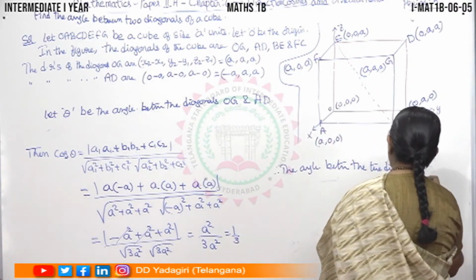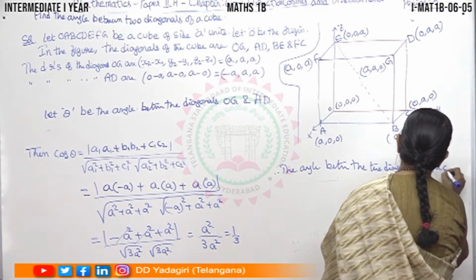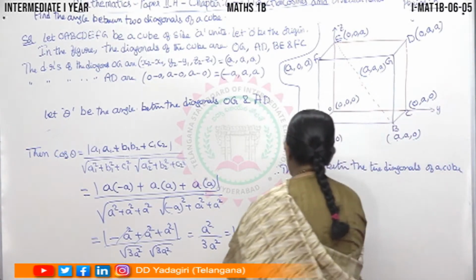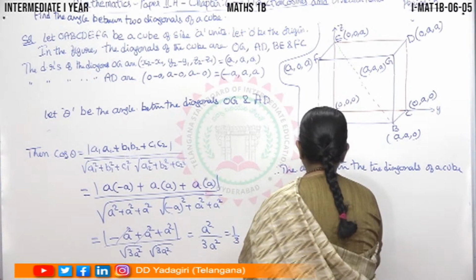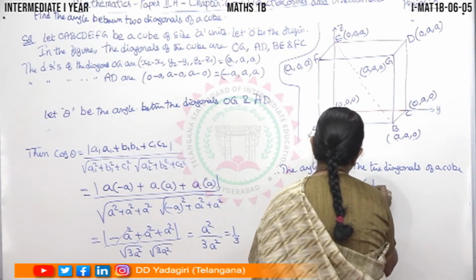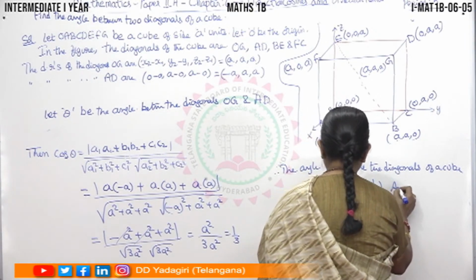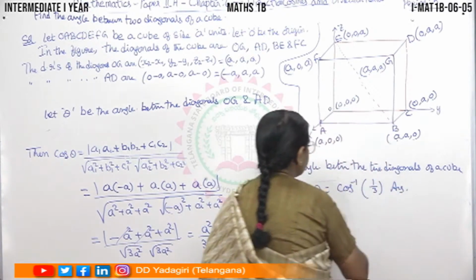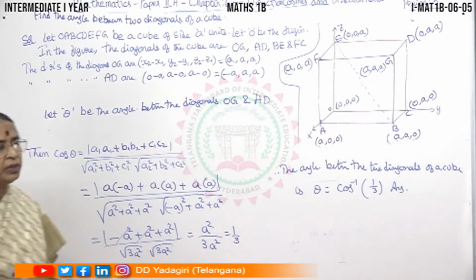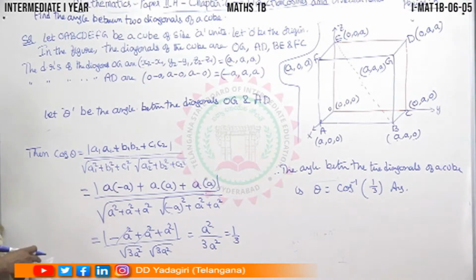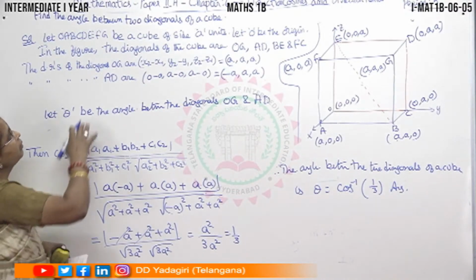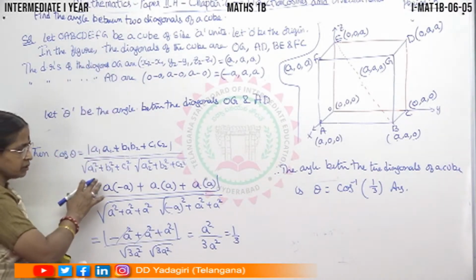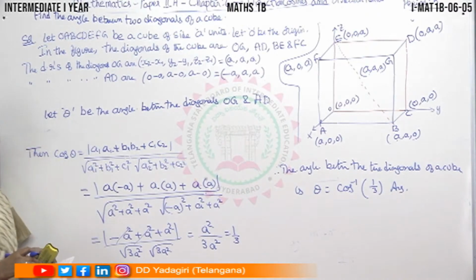So the angle between the 2 diagonals of a cube is theta is equal to cos inverse of 1 by 3. This is your answer. So like this we do. The same figure holds good for even this problem. These steps are all the same. Just one angle you will find. Okay.